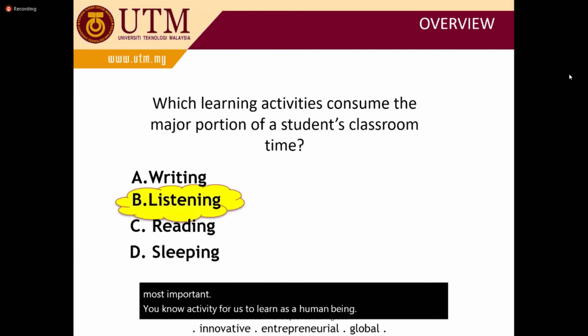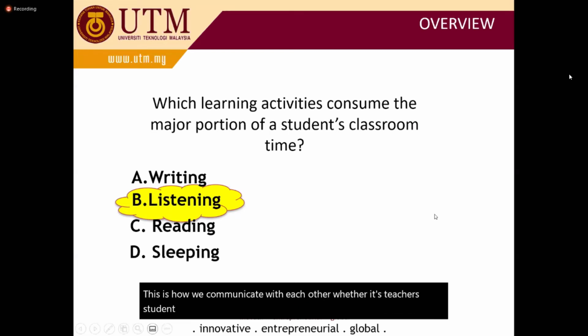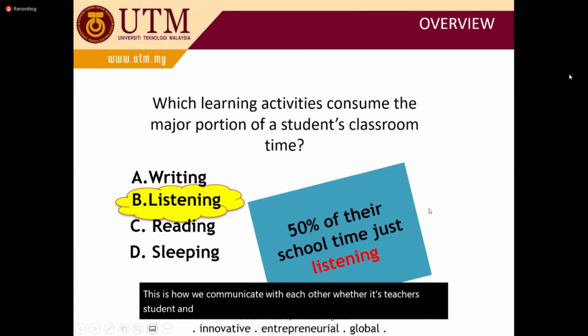So based on that, audio in education is very important. Audio is everything in education. This is how we communicate with each other, whether it's teachers, students, and students back to their teachers. So 50% of the students inside the school spend 50% of their time only listening.